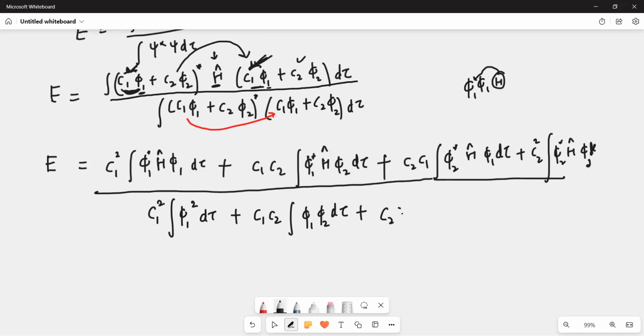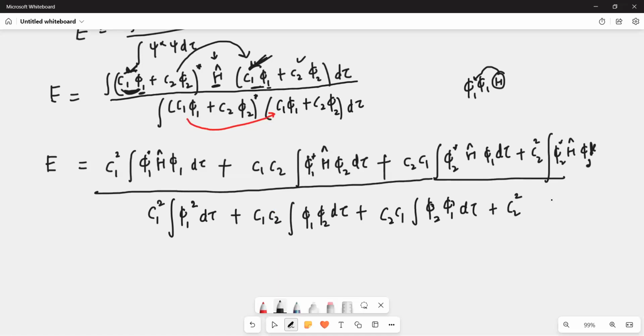Then C2 C1 phi 2 phi 1. Okay, because as I said, phi 2 or phi 1, phi 2, these are real. So the star on it will not change the wave function. You can put star, it's your wish, but that is not going to change the wave function.